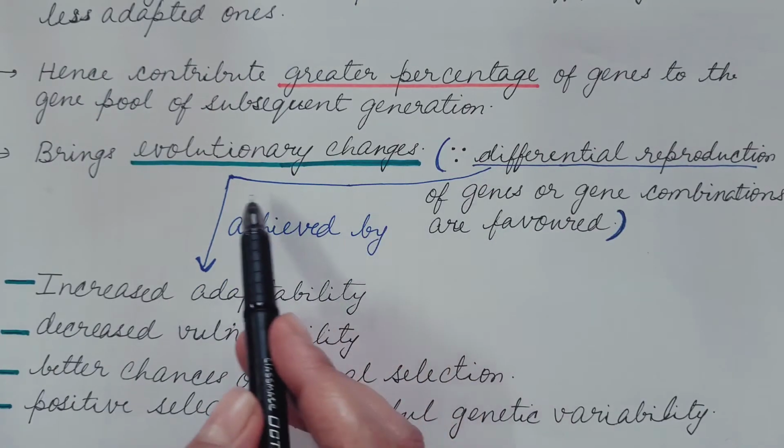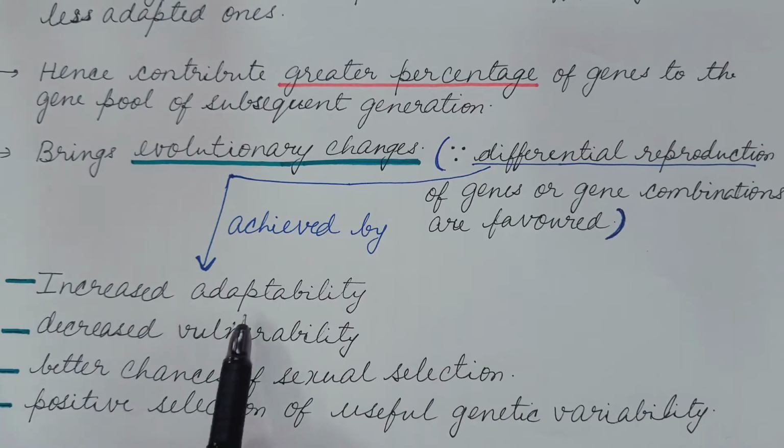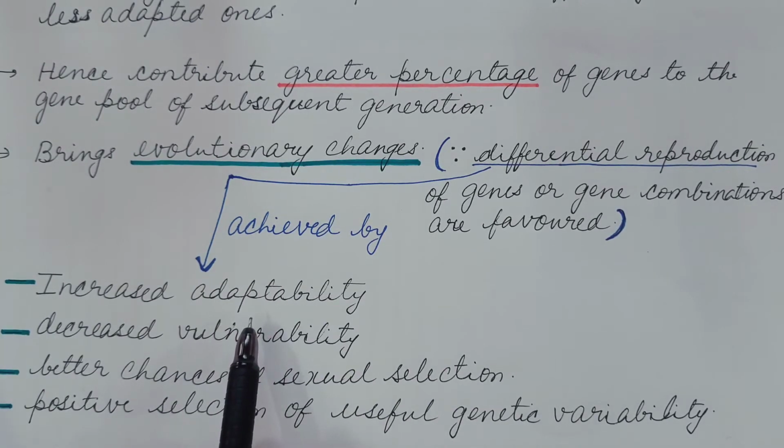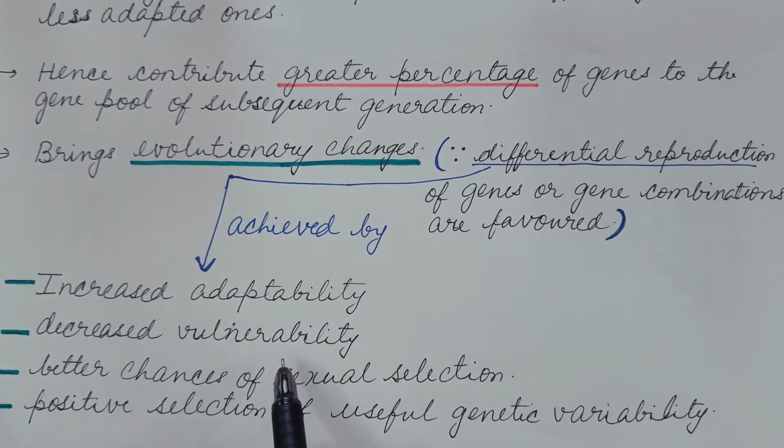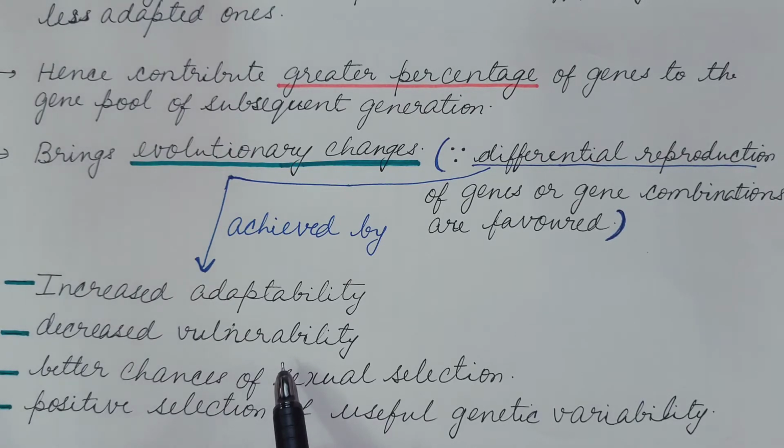This differential reproduction is achieved by increased adaptability of the individual to the particular environment, and decreased vulnerability to the factors which are responsible for the death of the individual or organism.